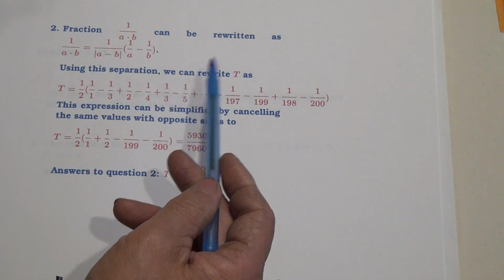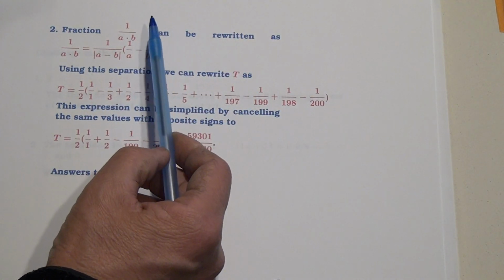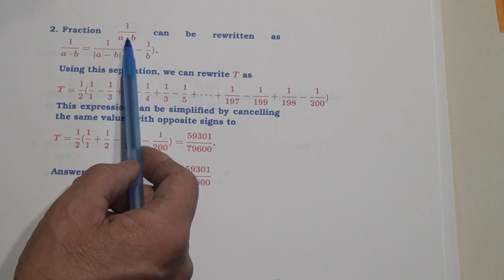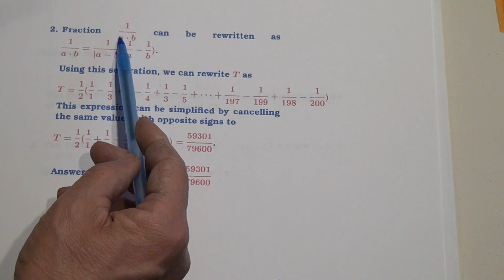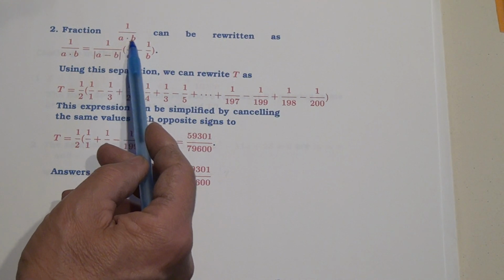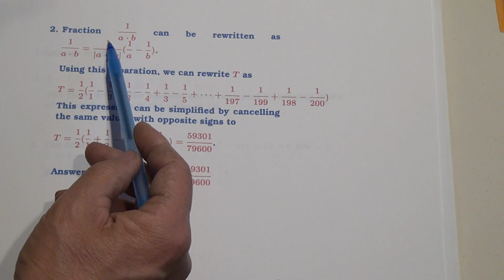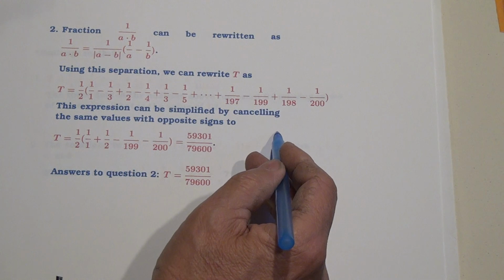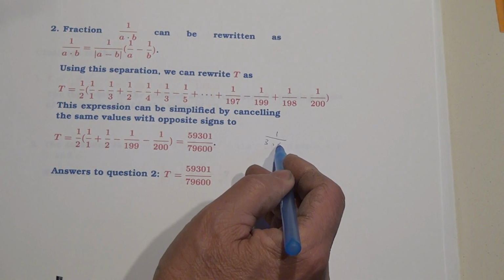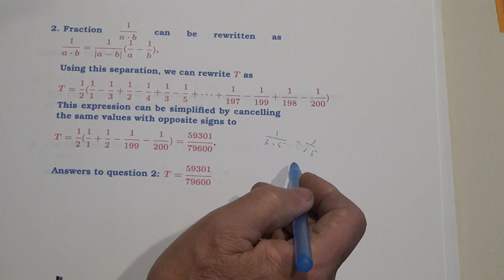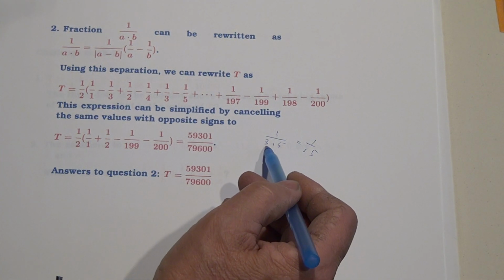Now number 2. When you have a fraction with a denominator separable into a times b, then the difference of the two numbers you take out outside as a reciprocal, and then it will be the same. It means you have 1 over 3 times 5, which is 1 over 15, obviously. Then the difference is 2.